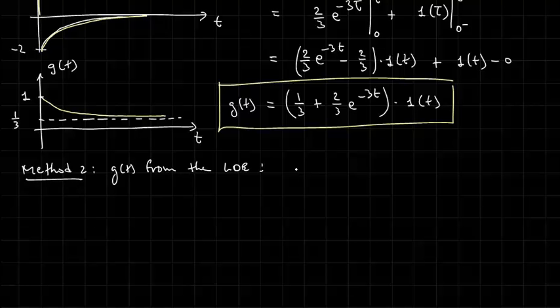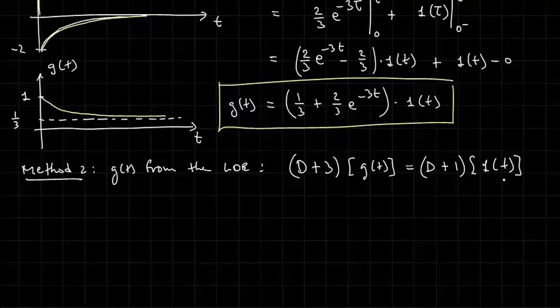The LDE is d plus 3 operating on g of t is equal to d plus 1 operating on 1 of t.